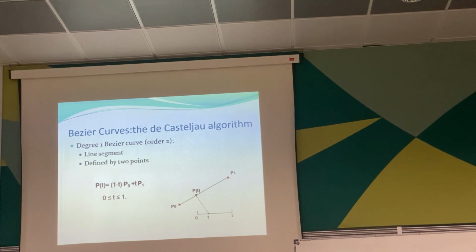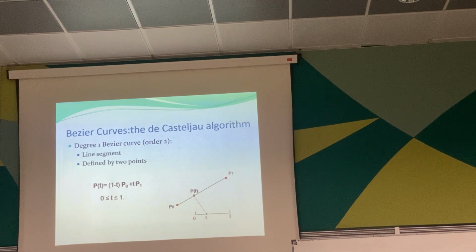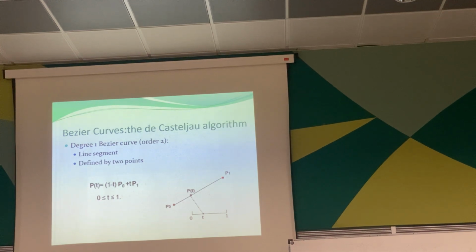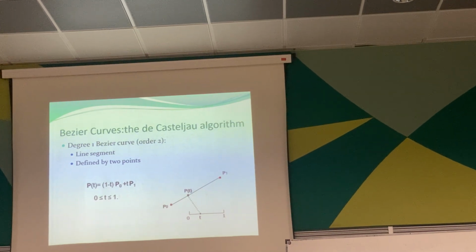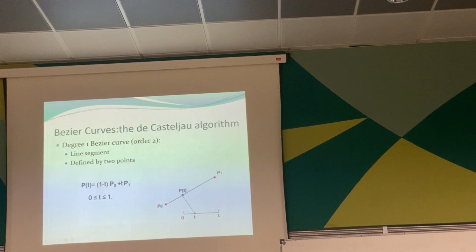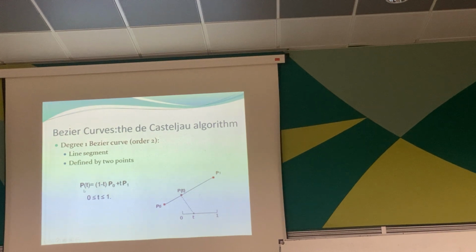We start with degree 1, a degree 1 Bezier curve, which has 2 control points, P0 and P1. You want to get the point at time t.